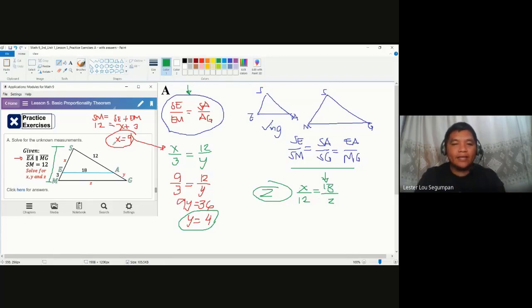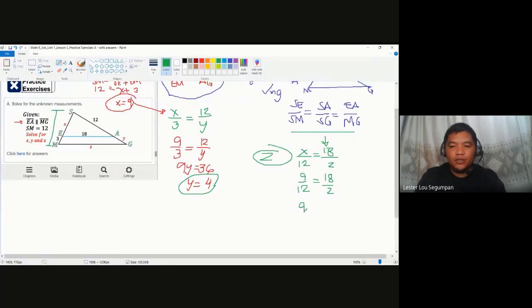But x is already given earlier as 9. So we have 9 over 12 must be equal to 18 over z. By the fundamental law of proportion, you have 9z is equal to 12 times 18, though a bit large, we can still compute it as 216. When we divide both sides by 9, 216 divided by 9 is actually 24.